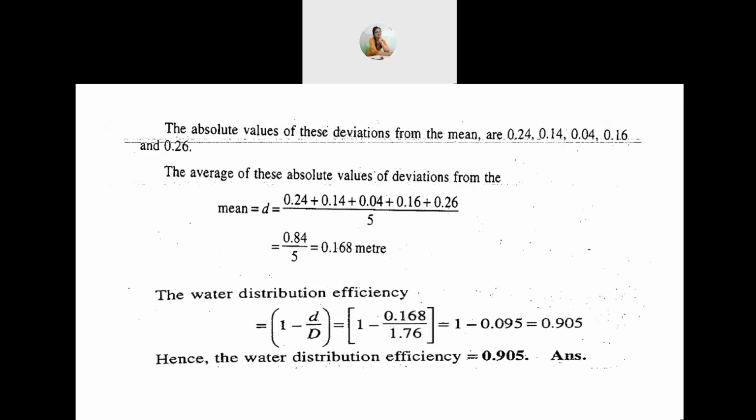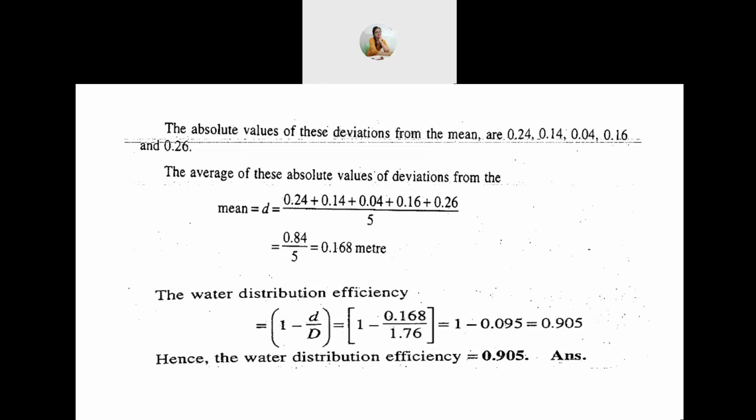So the absolute values of these deviations from the mean are 0.24, 0.14, 0.04, 0.16 and 0.26. Now we have to find the average of these absolute values of deviations from the mean, which is small d. That is 0.24 plus 0.14 plus 0.04 plus 0.16 plus 0.26 divided by 5. By calculating, we found the answer is 0.168 meters.